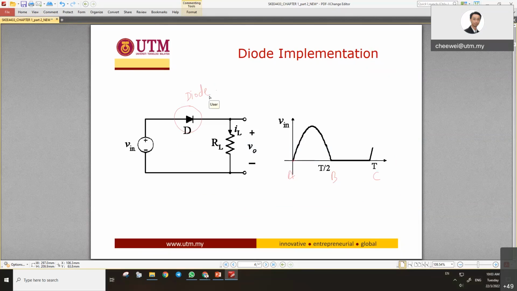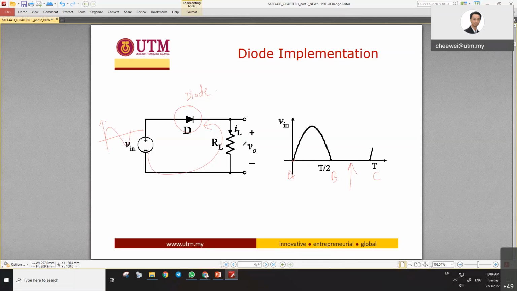A diode allows a single direction. When the current is positive, it will flow. When the current is flowing from here, can it go reverse? Cannot. This is a blocking diode. So there is no output here during the negative half cycle.